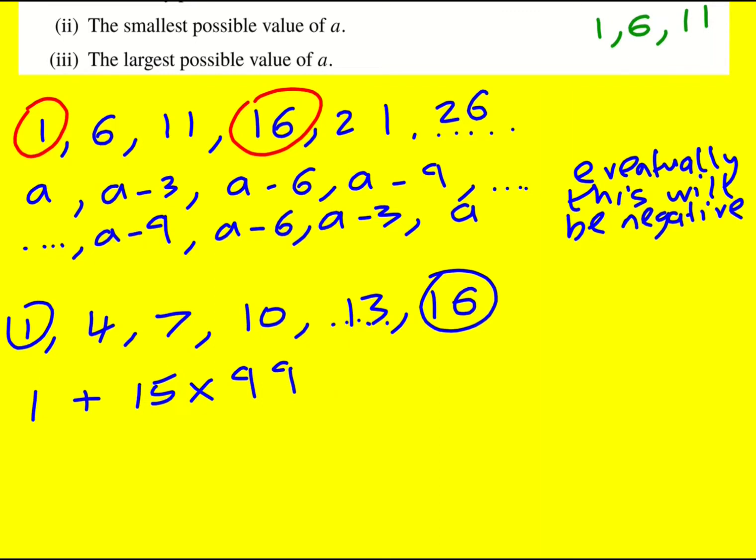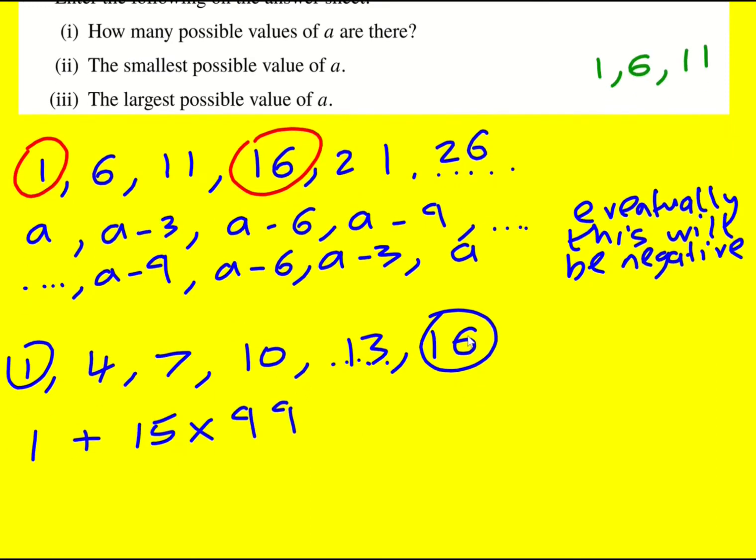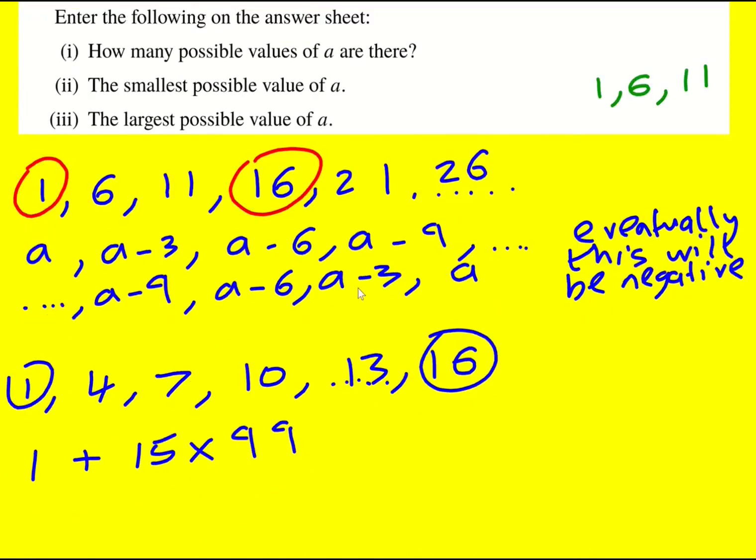I just want to explain that again. This is how I started the problem. I just looked at the smallest one of the three, where it's the smallest common term to both sequences. I've written the sequence in the opposite order just to help. It's actually going down, but I've written it like this. And then I want 100 of the numbers to appear in both sequences.